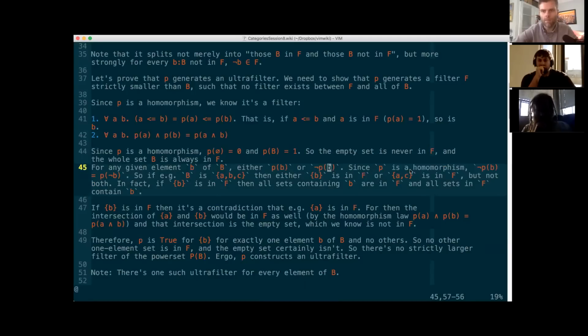Since it's a homomorphism, to say either B is in the filter or B is not in the filter, right? So P of B is either 1 or P of B is 0, right? So since it's a homomorphism, then P of B being 0 means that P of not B must be 1.